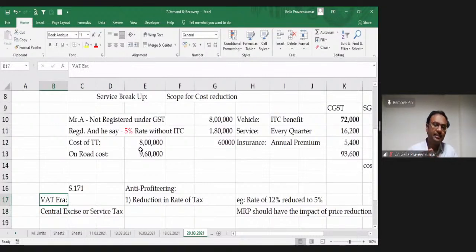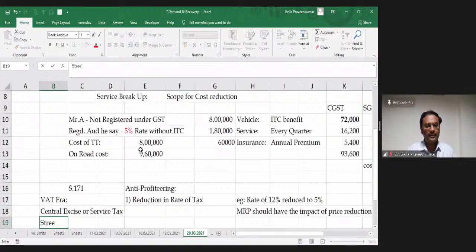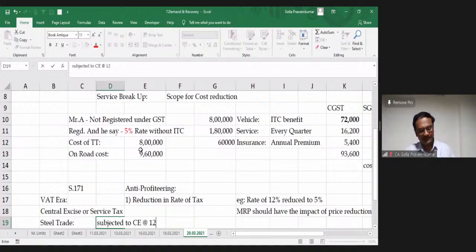A classic example is a steel trader, a person dealing in steel products. Steel was subjected to central excise at the rate of 12%.